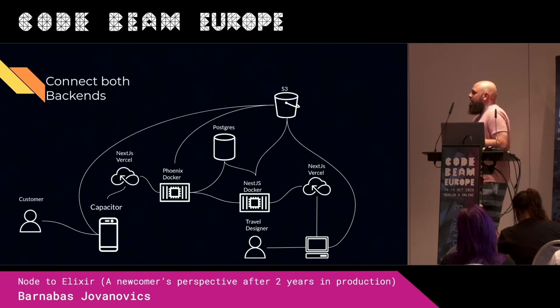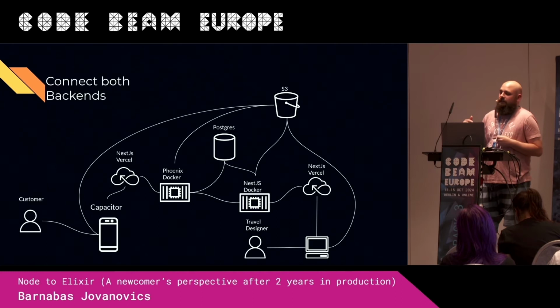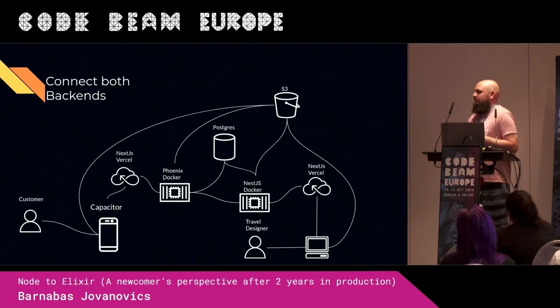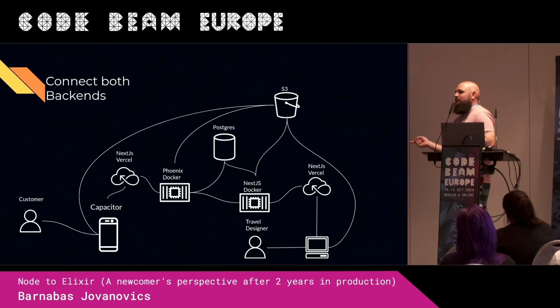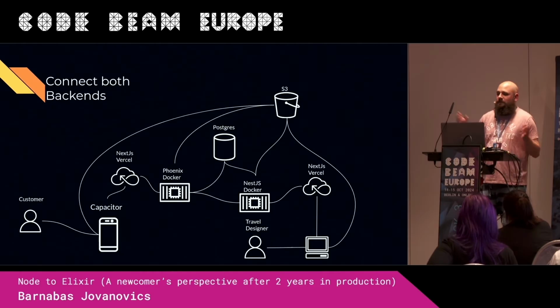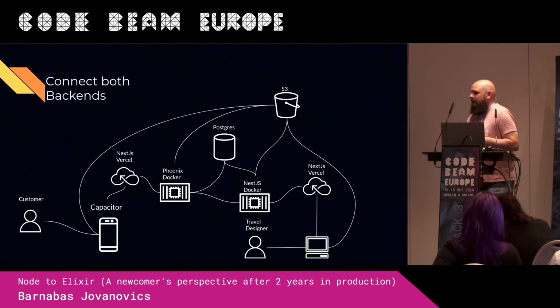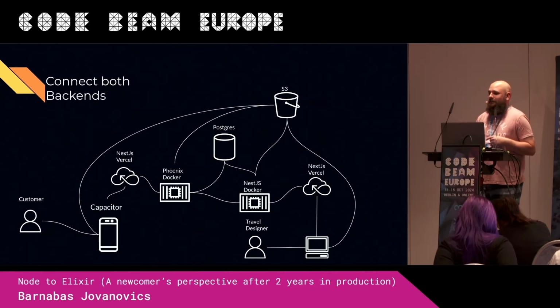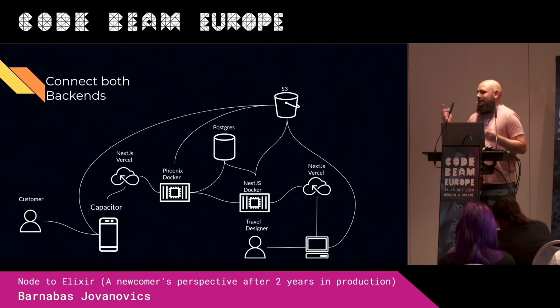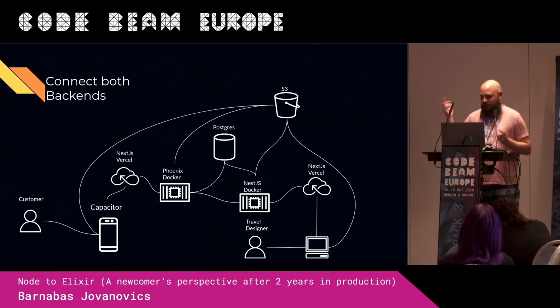On the Elixir side, we had an Oban job that would look for events that weren't processed yet. If it saw any new events, it would spawn different Oban jobs that would do the work that was required. And then it would schedule itself again, so it would run again and check for new events.